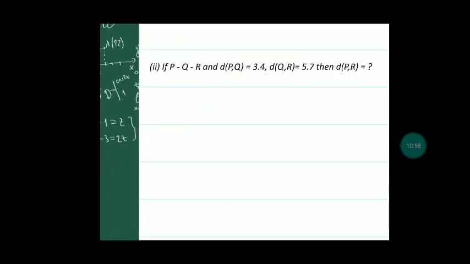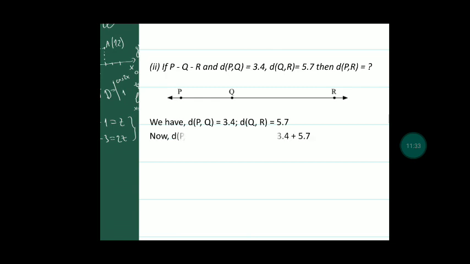Second is, if point Q is in between P and R, and distance of PQ is equal to 3.4, distance of QR is equal to 5.7, then distance of PR is equal to question mark. Solution. We have distance of PQ is equal to 3.4, distance of QR is equal to 5.7.